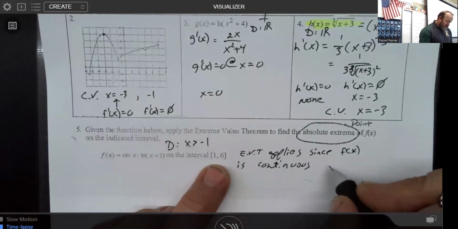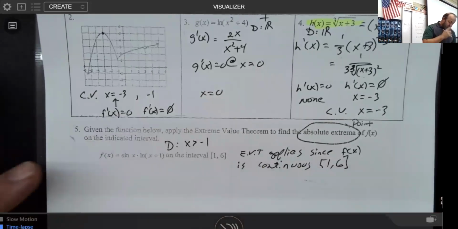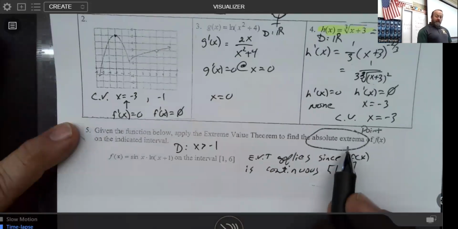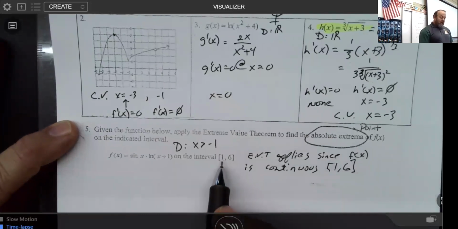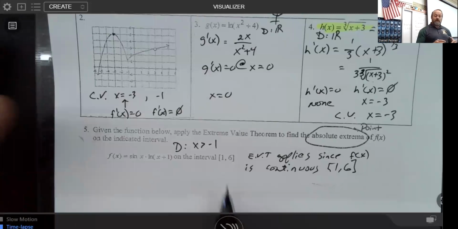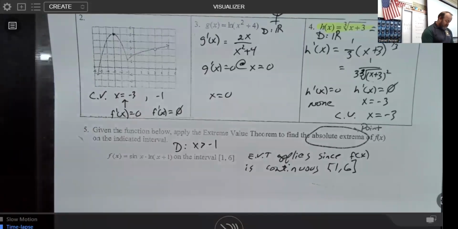It's going to be continuous on 1 to 6 because that's within this domain. So I'm good to go. All I would need to do to find this extrema is consider f of 1, consider f of 6 itself, and consider any places where the derivative is either 0 or undefined.